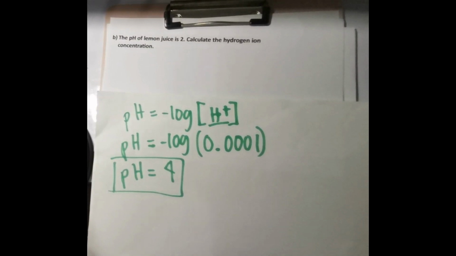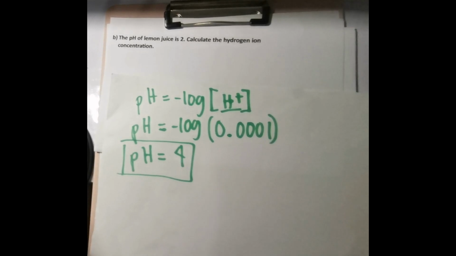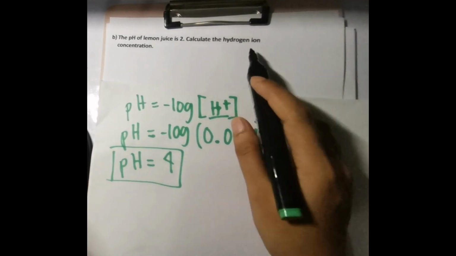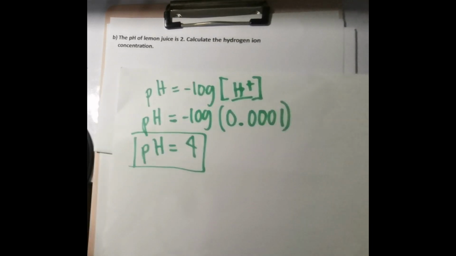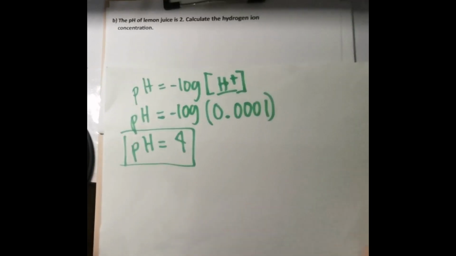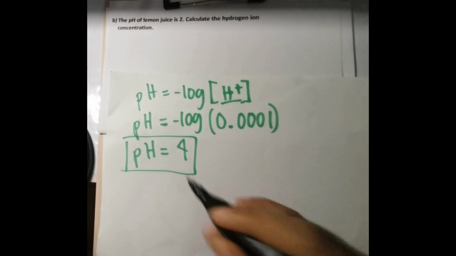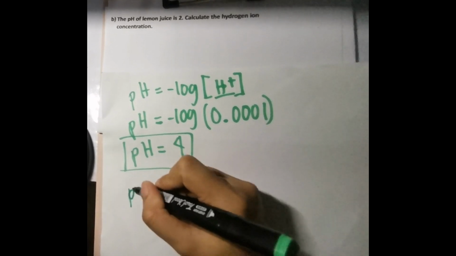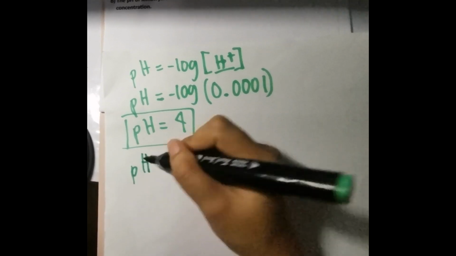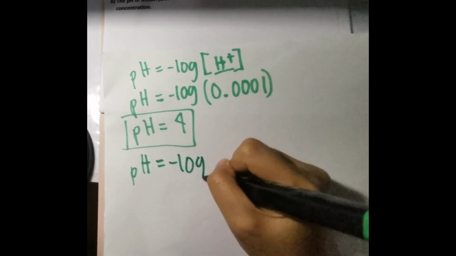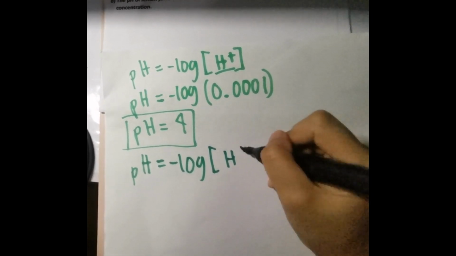So for the letter B, you can read: the pH of lemon juice is 2. Calculate the hydrogen ion concentration. Just like what we did before, this is the formula for pH: pH is equal to negative log H plus.